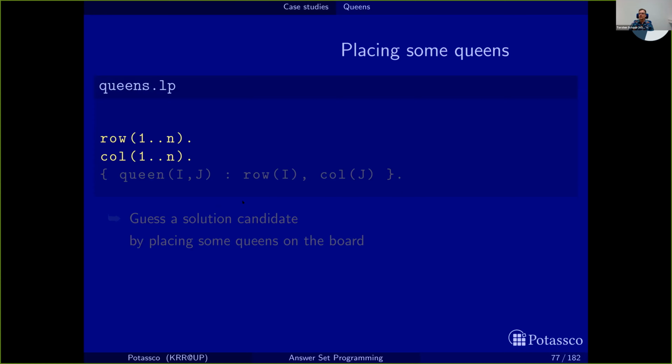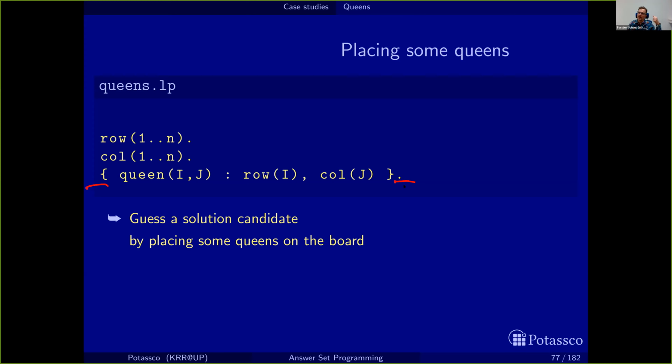Now we do a guess. We place queens. And again, we do this in a very didactic way. We put no constraints on the solution candidate. We just say guess the solution, and this here is a choice rule. There are no restrictions on the choice, so it will actually enumerate the power set.